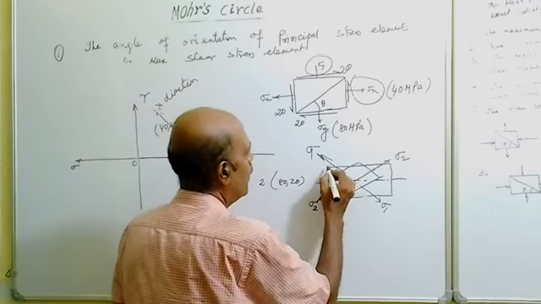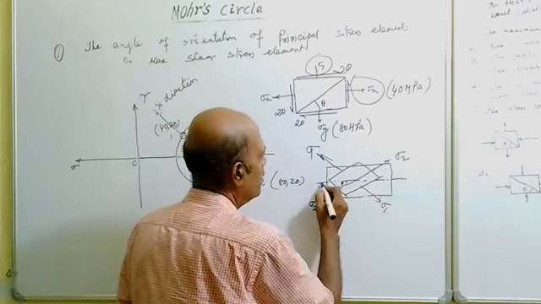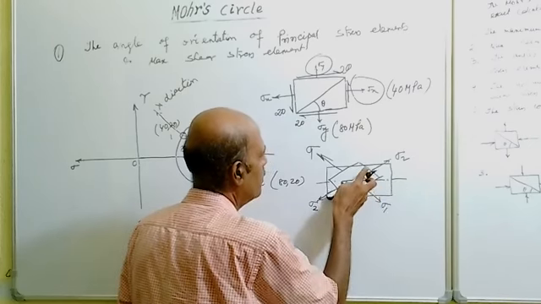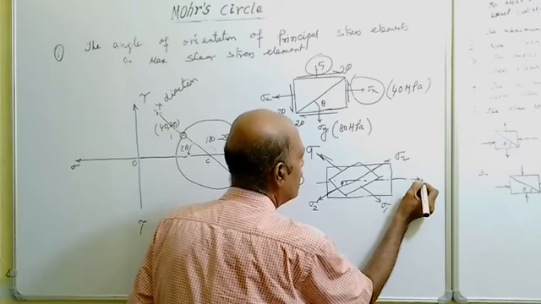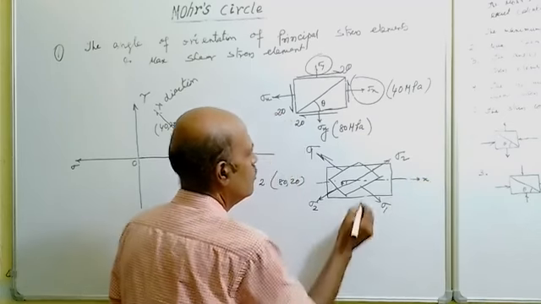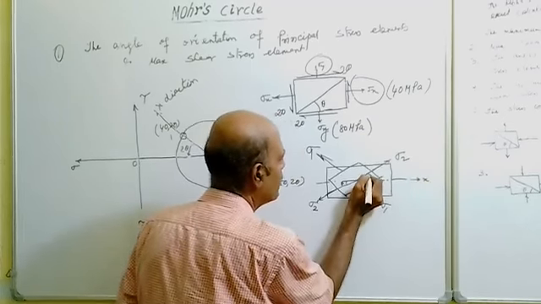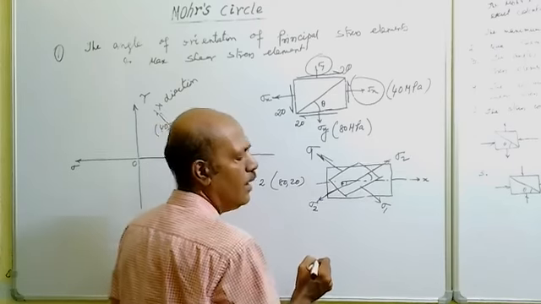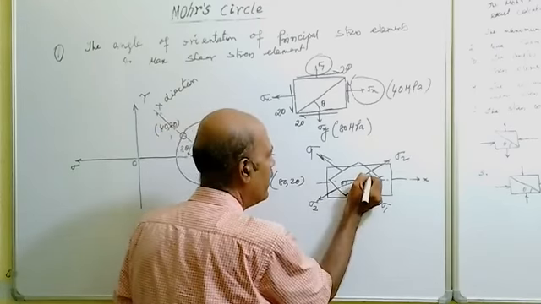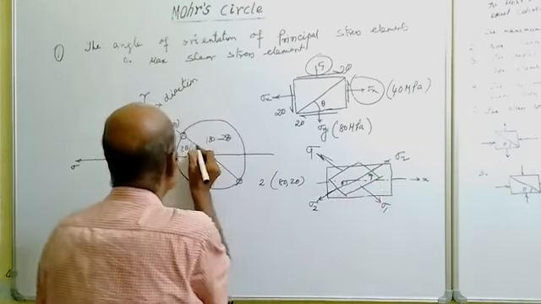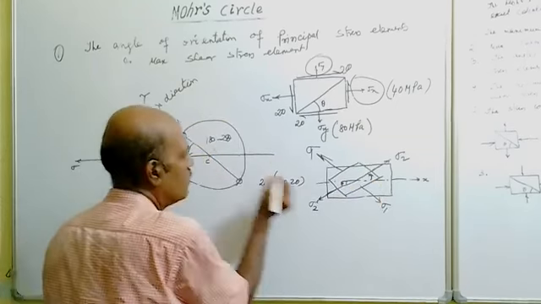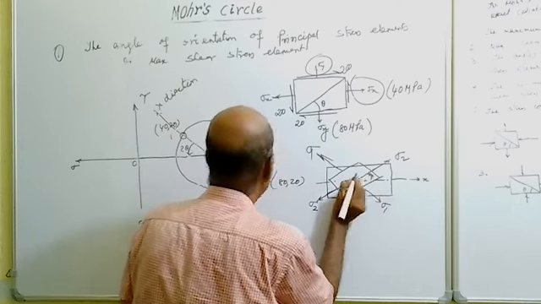So here this was the axis, and this is also the x axis. If we rotate the x axis in anticlockwise sense by theta angle, you can see here it is in anticlockwise sense, and here also it is in anticlockwise sense.